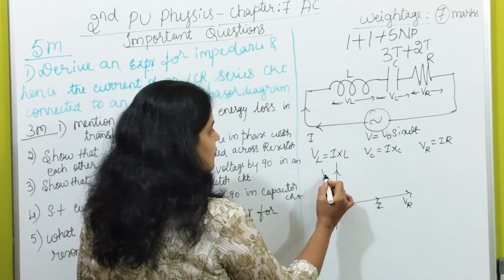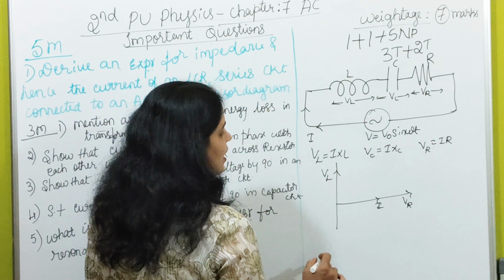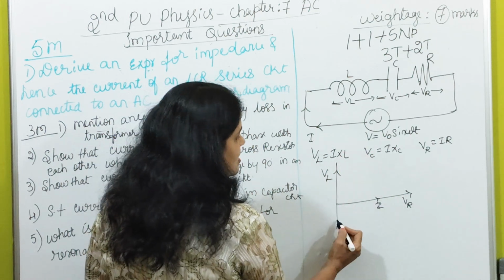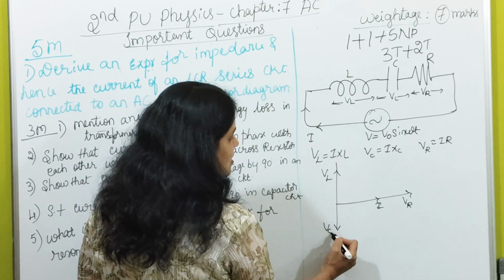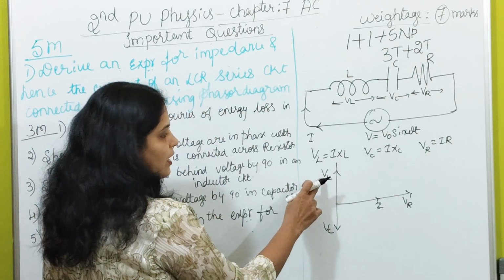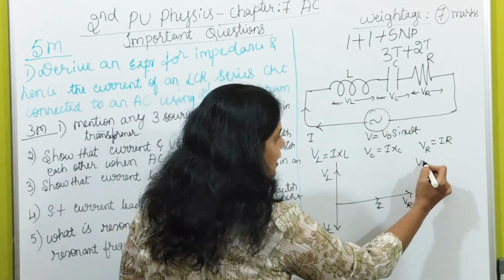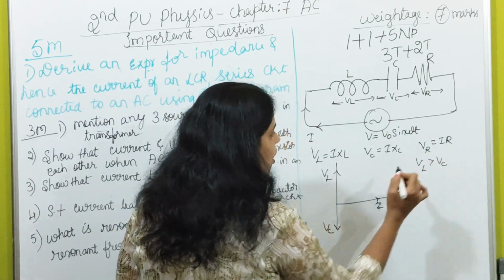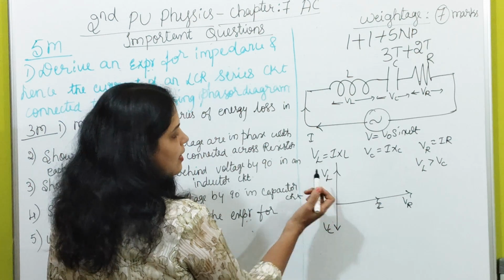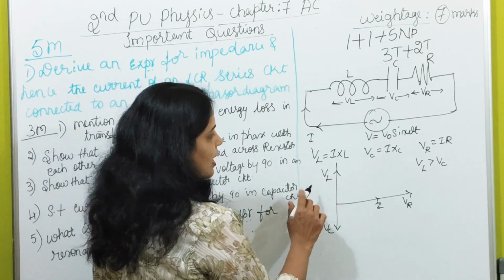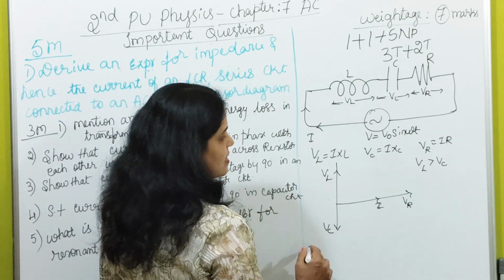So let us consider VL somewhere here and this is I, and VC is here. You can consider VL greater than VC, or VC greater than VL. Here I have taken VL greater than VC.